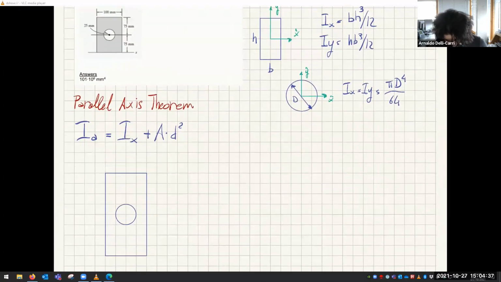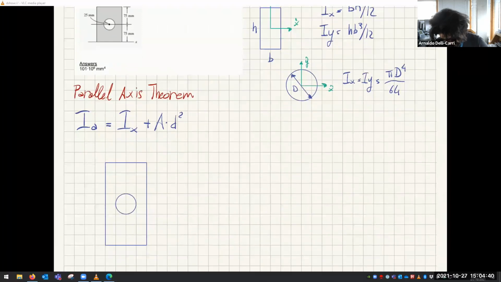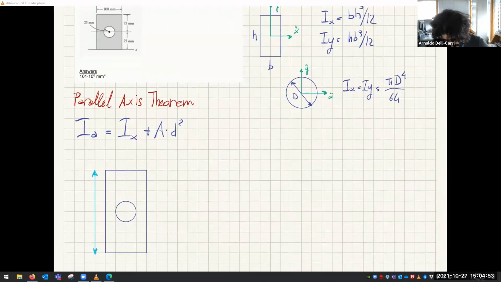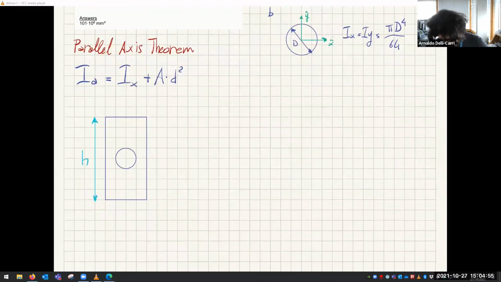So we know that this distance here is 150. Let's call this h. This distance here is b.